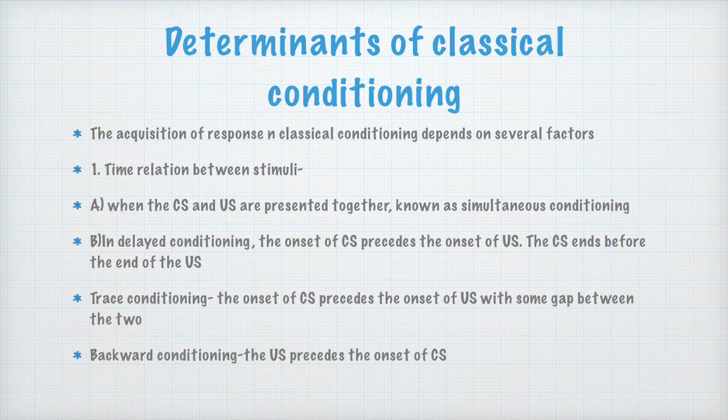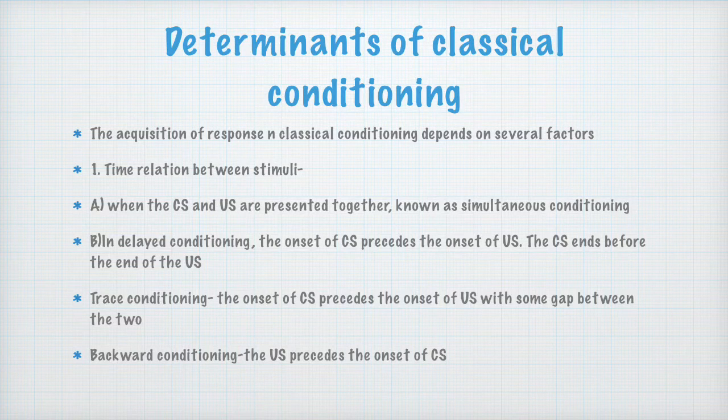So when there is a time gap between the presentation of the conditioned stimulus and the unconditioned stimulus, that is, you get the aroma of the pizza, and only after a time period the food is served to you, this is trace conditioning.